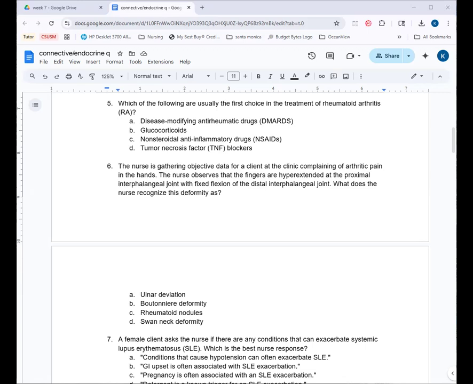Cool beans. All right, so number 5, your first choice in treatment is usually DMARDs. All the rest of them could be used to treat RA, but usually you start with your DMARDs. So that would be like your methotrexate and your Humira for those. Oh, yeah, all the others can be used, but first choice is your DMARDs.